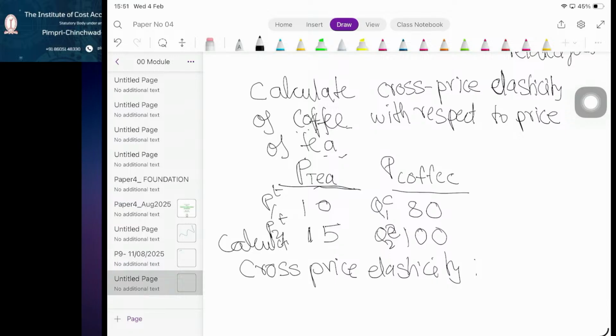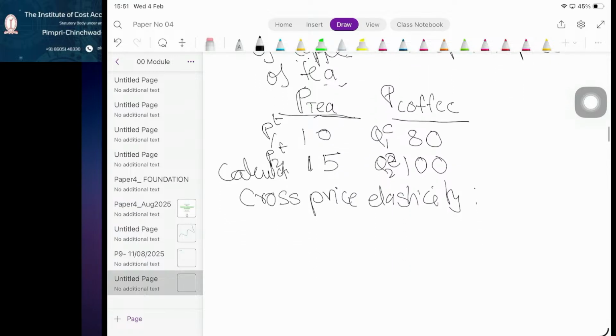Okay, in the meantime, try to solve and calculate the cross price elasticity. So E of C cross, what should I write as the numerator? Very good, 100 minus 80. This has changed with respect to what? Change in price of tea was from what? What should be the denominator? 15 minus 10.